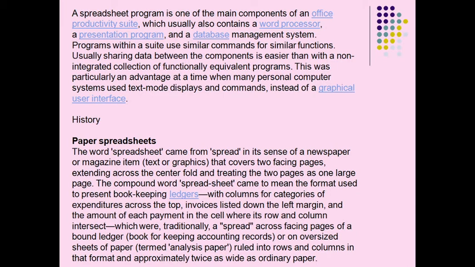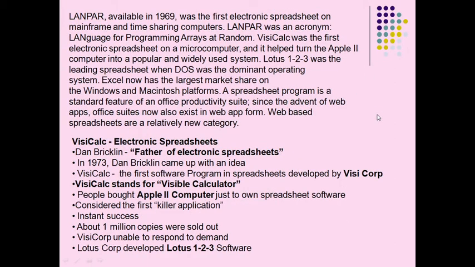The compound word spreadsheet came to mean the format used to present bookkeeping ledgers with columns for categories of expenditure across the top, invoices listed down the left margin, and the amount of each payment in the cell where its row and column intersect, which were traditionally spread across facing pages of a bound ledger or on oversized sheets of paper. So this is about the paper spreadsheet.